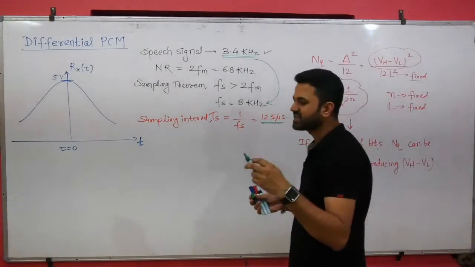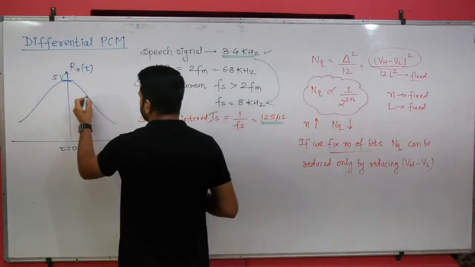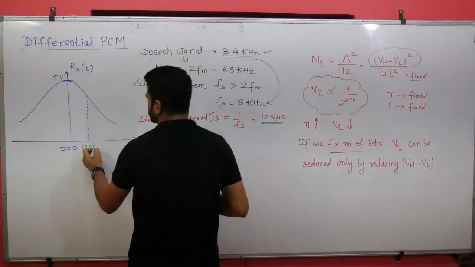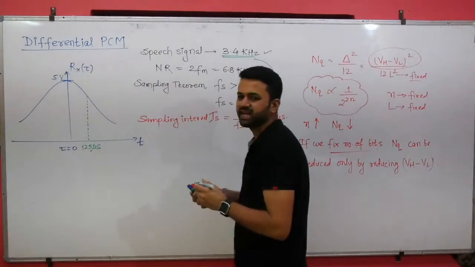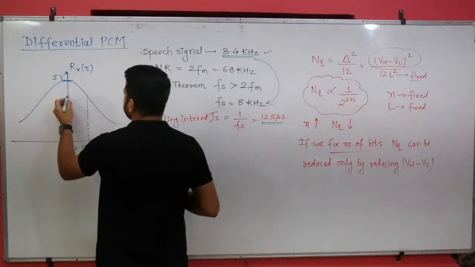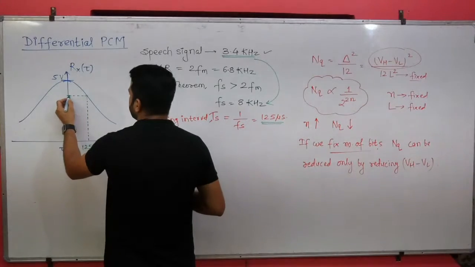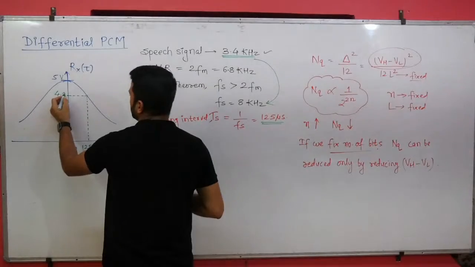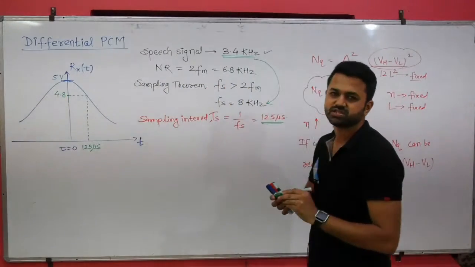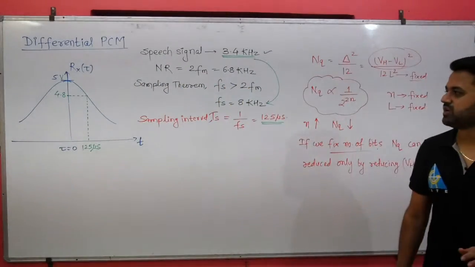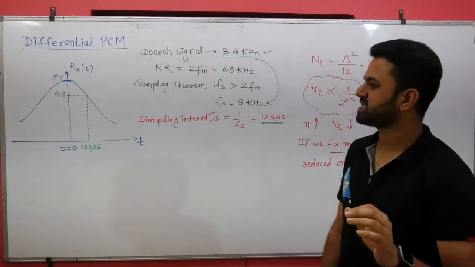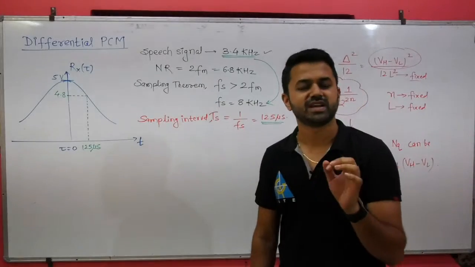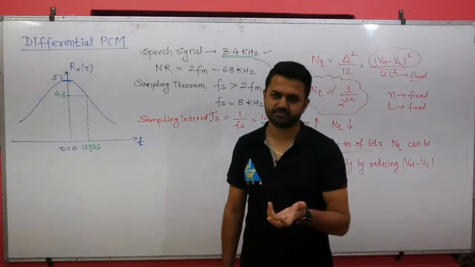We will take the next sample after 125 microseconds. Suppose after 125 microseconds we find that the value doesn't change very much. We found that the amplitude is only 4.8.